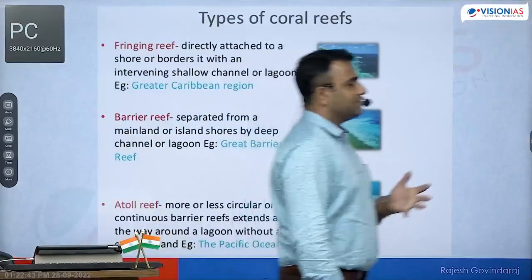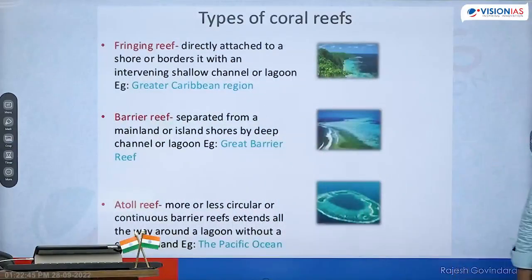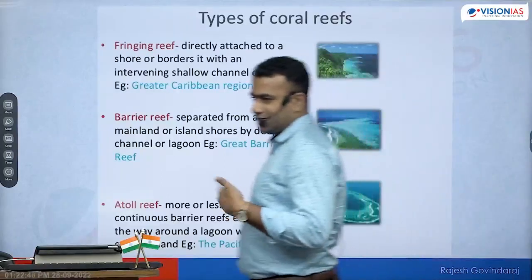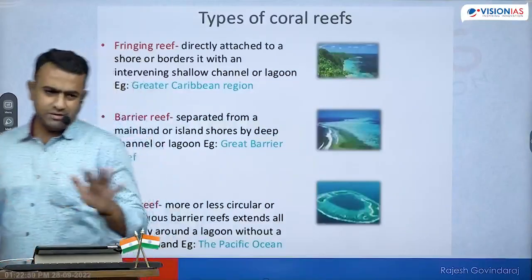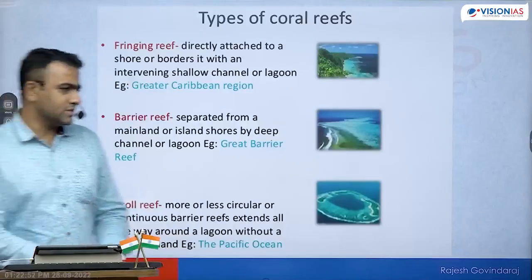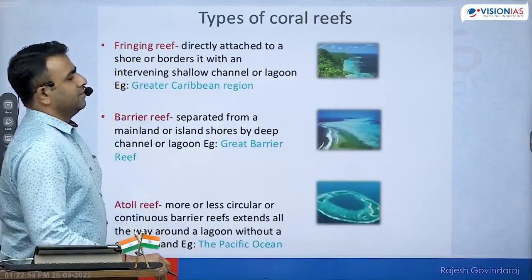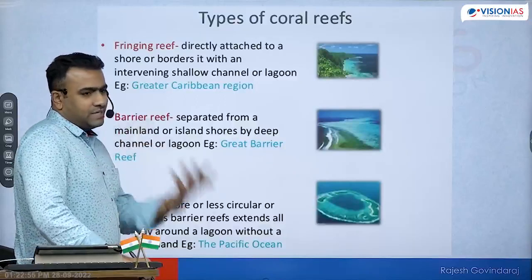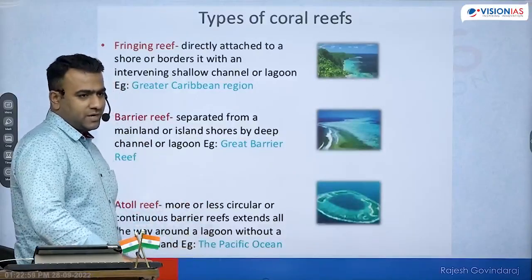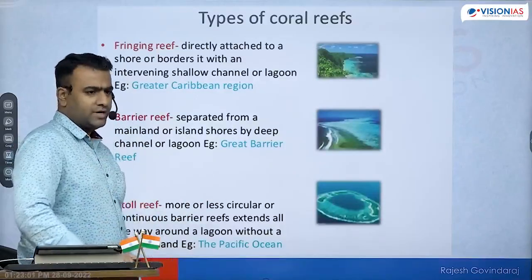Okay, so coral reef क्या होता है? This is a mass of limestone and dolomites, which are continuously secreted by the coral polyp, which develops a huge platform, huge structure बना देता है ना. So depending on what kind of shape and type of structure, we have three types of coral reefs.